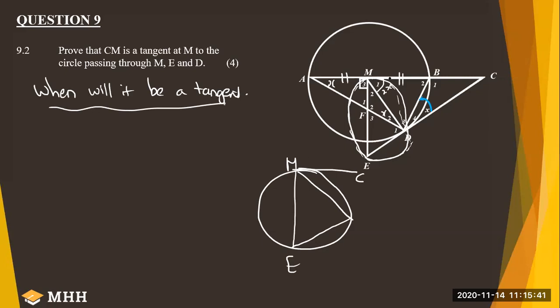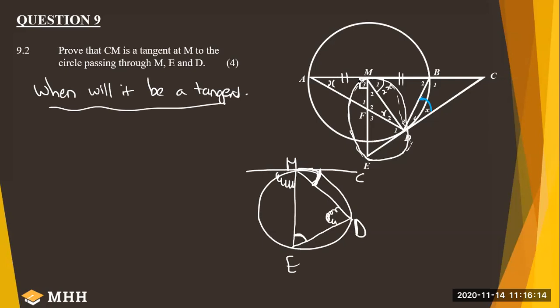It will be a tangent if I can prove that this one is equal to this one, or if I can prove that this one is equal to that one.